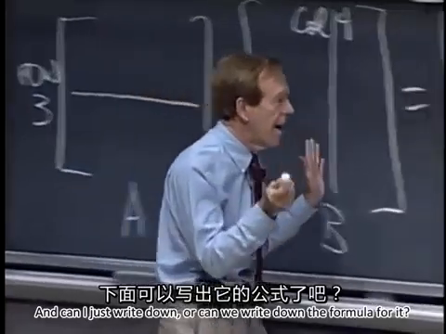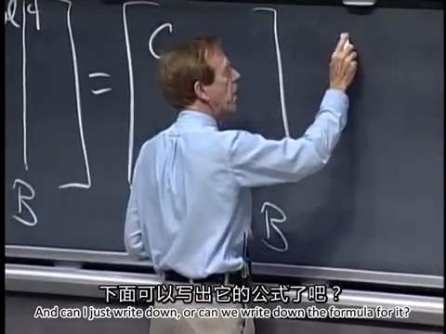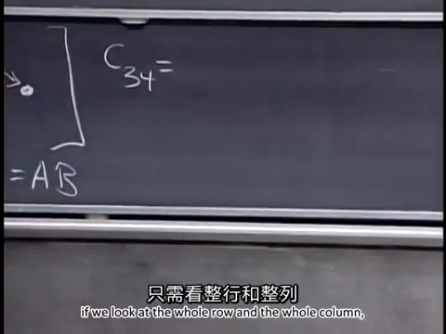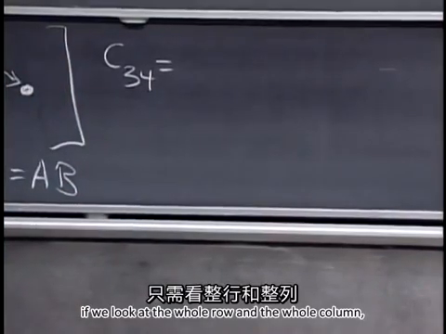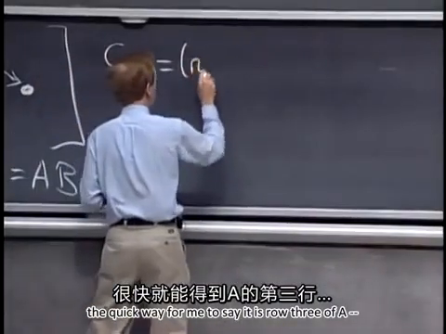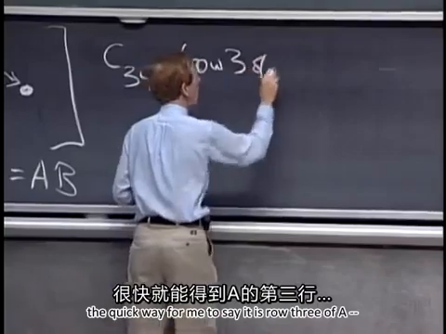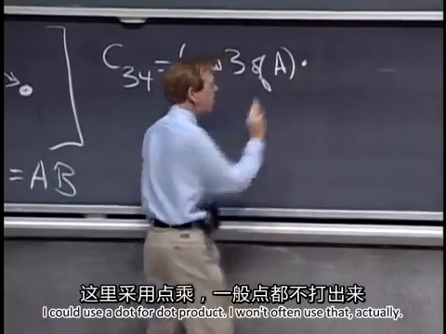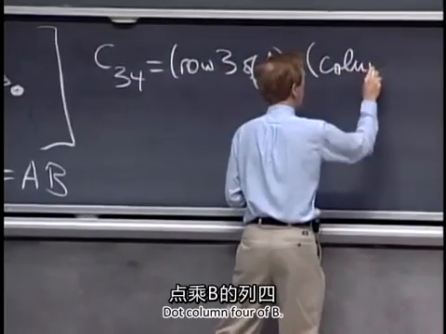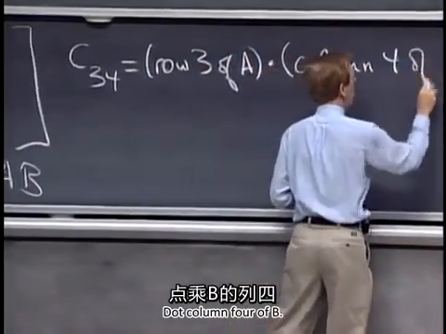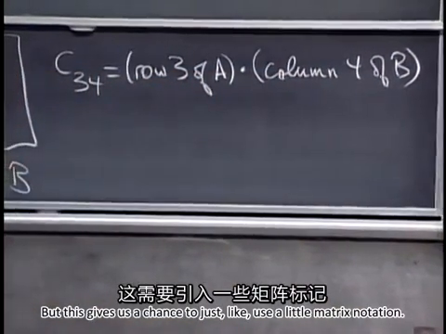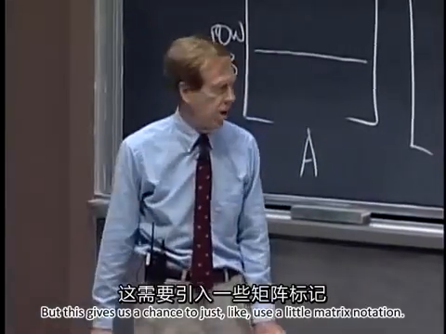And can we write down the formula for it? C34 is, if we look at the whole row and the whole column, the quick way for me to say it is row 3 of A. I could use a dot for dot product. I won't often use that, actually. Dot column 4 of B. But this gives us a chance to just use a little matrix notation.